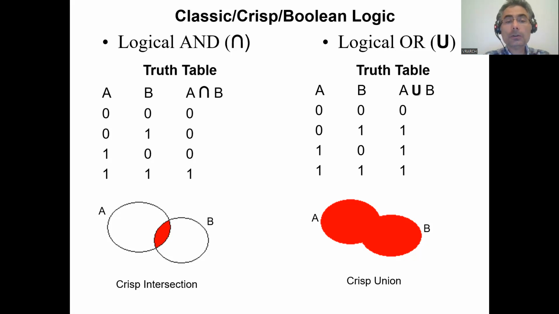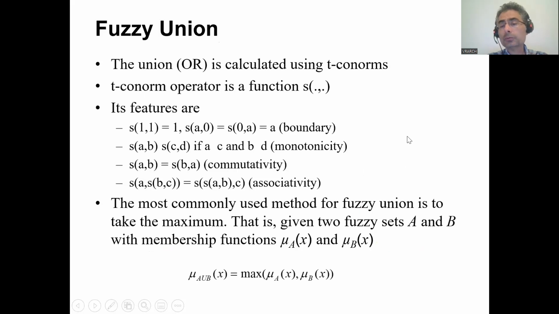So any value that is 0 will yield 0. This is where we are looking at intersection, where everything needs to be the same. Whereas if you look at OR, except for the case with 2 zeros, the rest is 1. So only one 1 is enough to get the output 1.